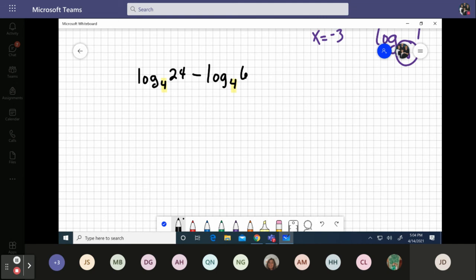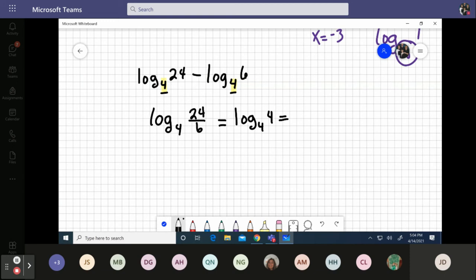What property of exponent says I should subtract? Not my product, but my quotient, where I'm dividing. So if I have a logarithm expression with a subtraction, same base, I can divide, so 24 over 6 gives me 4, so that gives me log base 4 of 4.